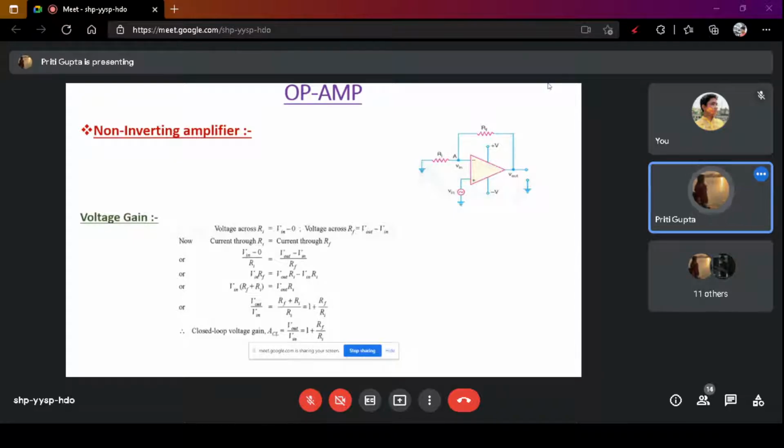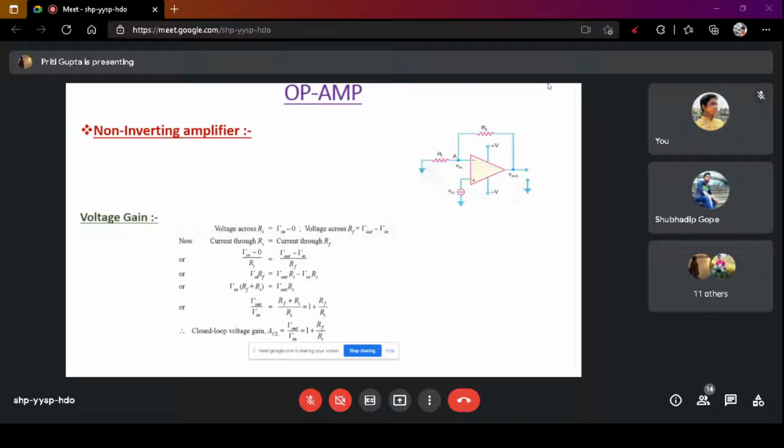Hence the name non-inverting amplifier. The output signal is in phase with the input signal.